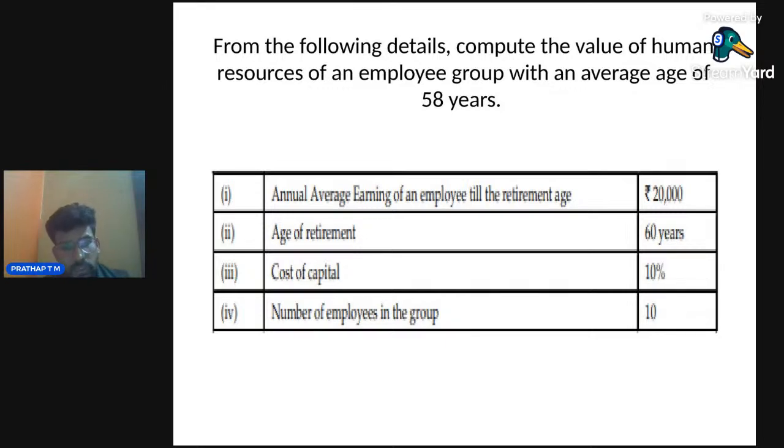One particular person joined the organization at the age of 25. From 25 to 34 years of age, he is getting 60,000. But the next 66,000 he is getting from the 11th year. You should be very careful here.